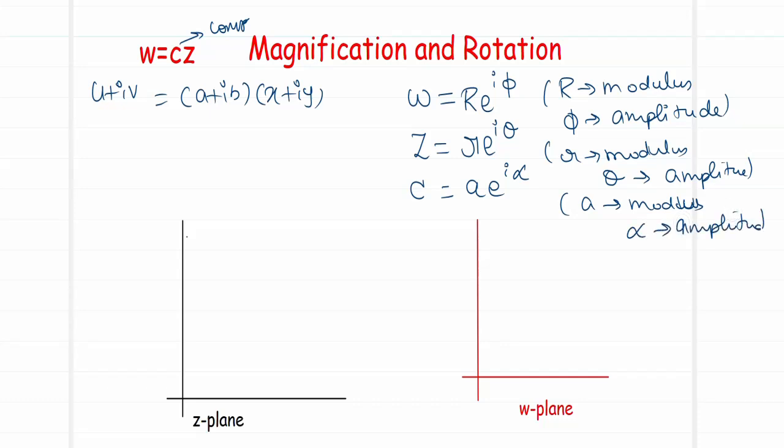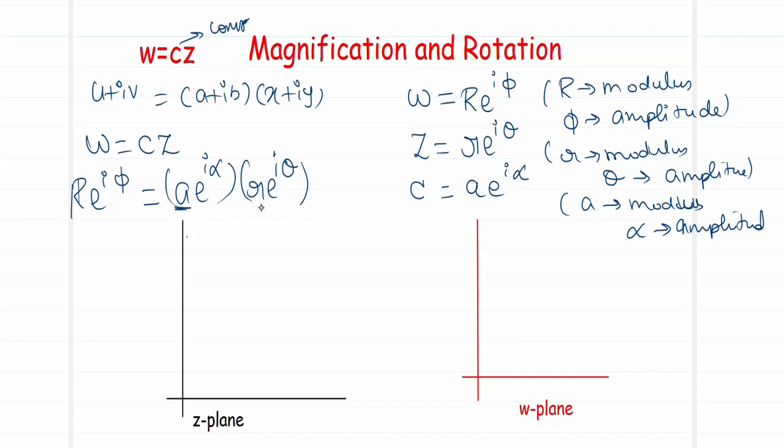Now, what happens when I have W is equal to CZ? I will have R e power i phi to be equal to A e power i alpha into r e power i theta. Now, the magnitudes being constants will become A r e power, and the exponential part gets combined as i times (theta plus alpha).